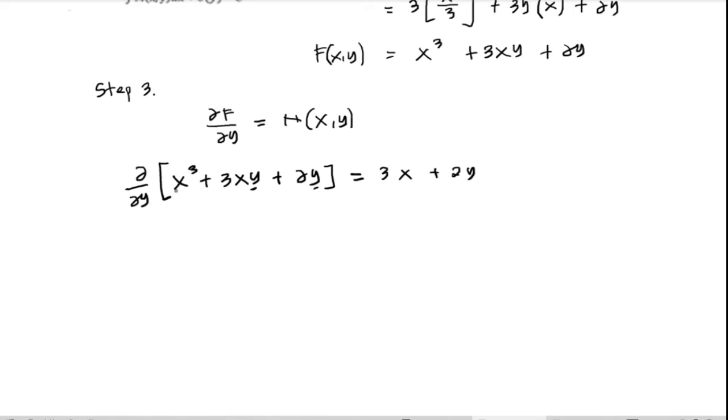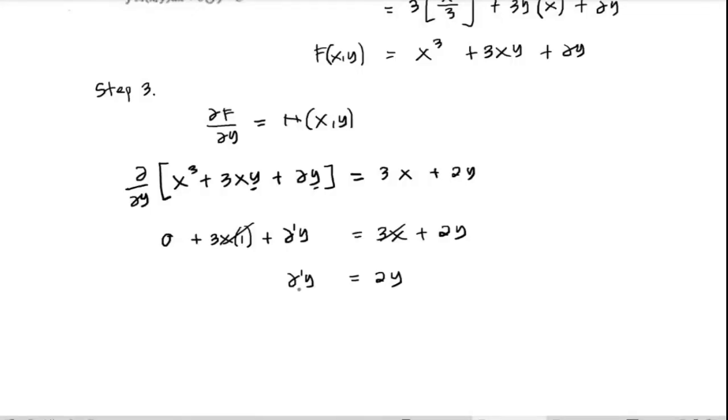So the derivative of x cubed, which is assumed as constant, is 0. Then I'm going to copy the constant 3x for the second term to be differentiated, and the derivative of y is 1. Plus the derivative of the unknown function of y, and this is equal to 3x plus 2y. Then simplify, the derivative of the function of y is equal to, the 3x here is cancelled, so that is equivalent to 2y.